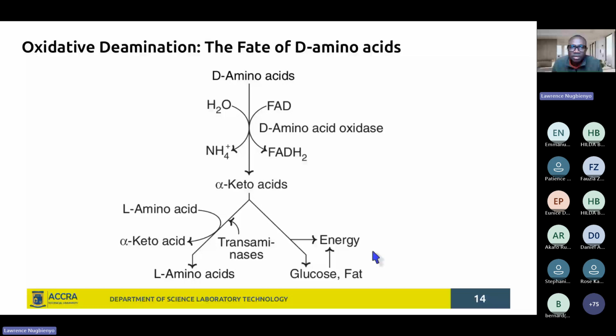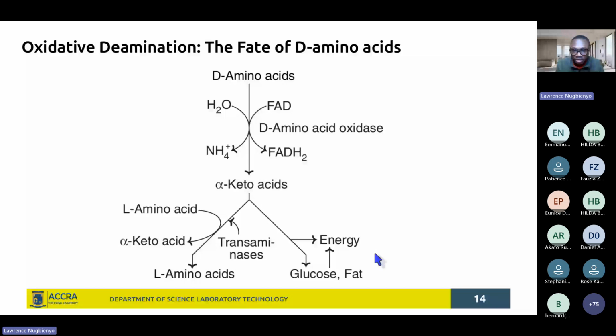Now, I think I mentioned to you that in biological systems, you have these D and L isomers of amino acids. Most of the time, it is the L-amino acids that you find in larger amounts, and they are the active forms of the amino acids. I think I mentioned that they act like biological switches.